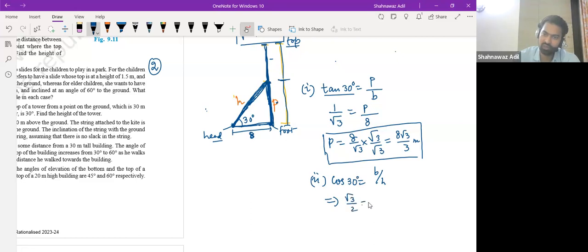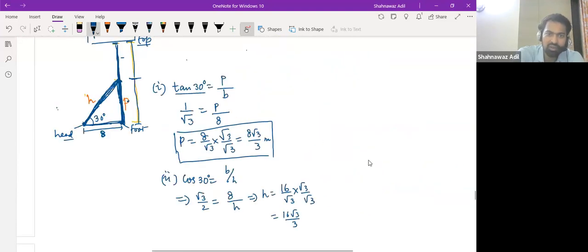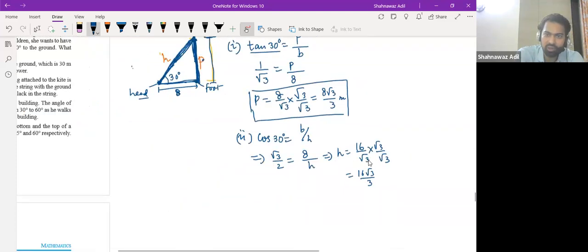By 2. B is given, right? So B is 8, and H we have to find out. So H would be 16 by root 3, and again we rationalize it, so this will become 16 root 3 by 3, right? So then we have calculated this hypotenuse, and we have calculated this perpendicular also.